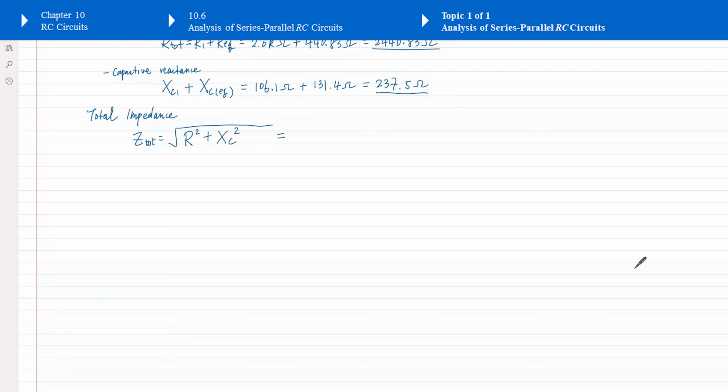In this case, it's R total squared plus XC total squared. The numbers we calculated above are 2440.83 ohm squared plus 237.5 ohm squared.